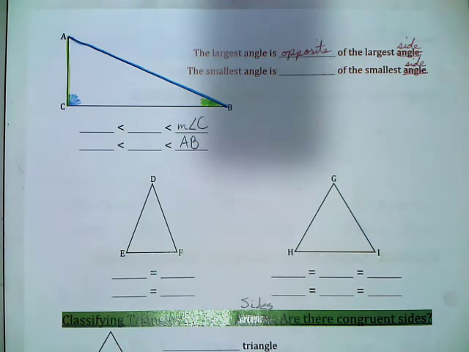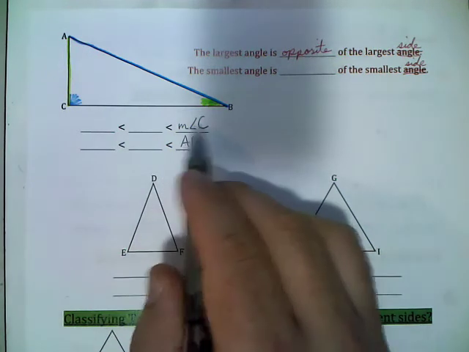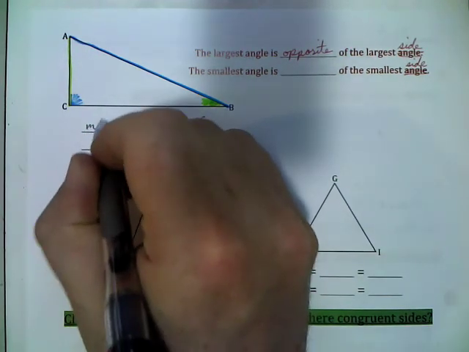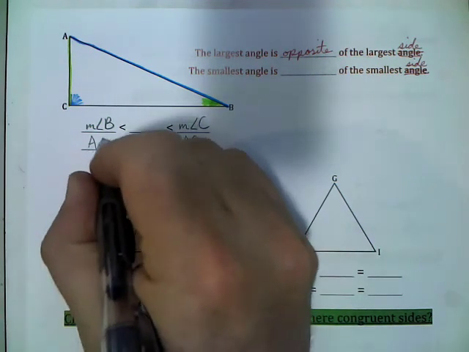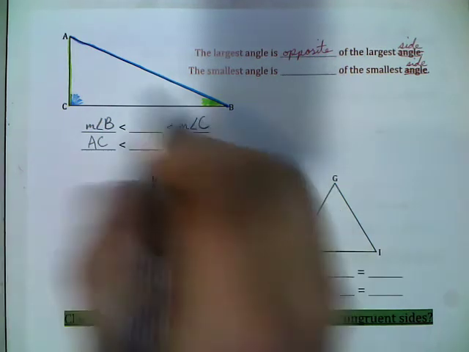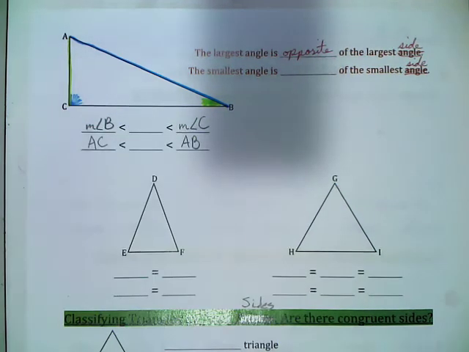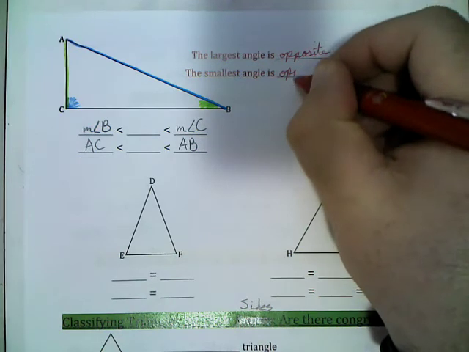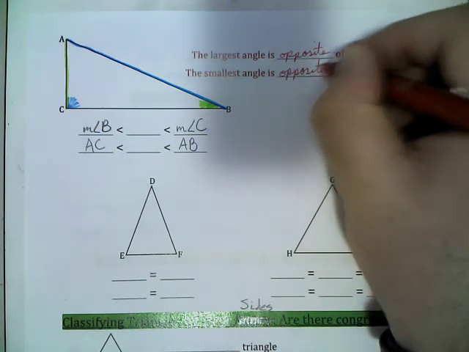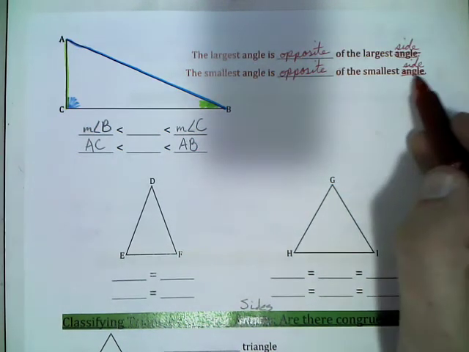And so what we see here then is the smallest angle must be angle B. So the measure of angle B is the smallest measure. And the length of segment AC, opposite of that, must be the smallest side length of the triangle. Well, oops, sorry, I forgot to write the word opposite in here. So same idea, typo, fix that.